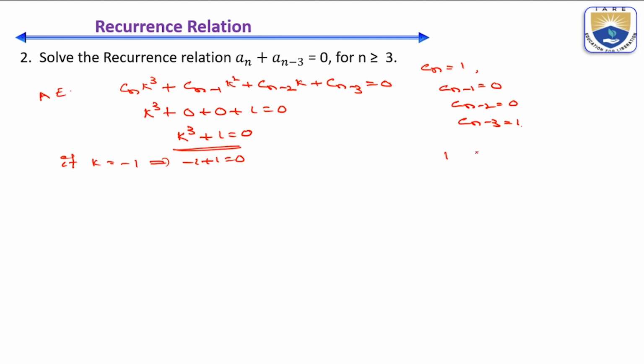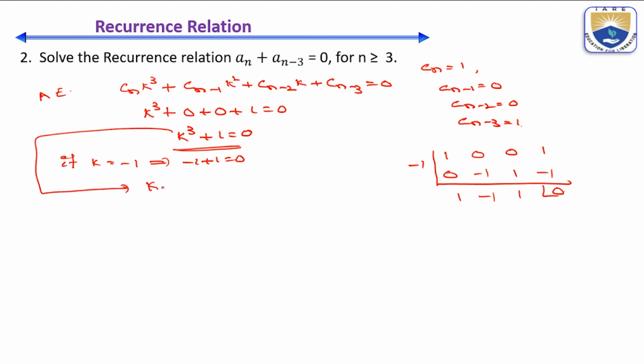So the k cubed term, k square term, k term and the constant term: 1, 0, 0, 1. Then we take minus 1, minus 1, plus 1, minus 1, and this will become 0. So this equation can be written as k plus 1 and the next one is k square minus k plus 1 equals 0. So k plus 1 equals 0, then k square minus k plus 1 equals 0.